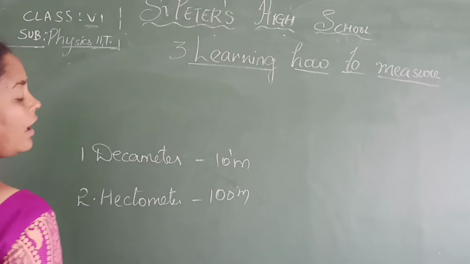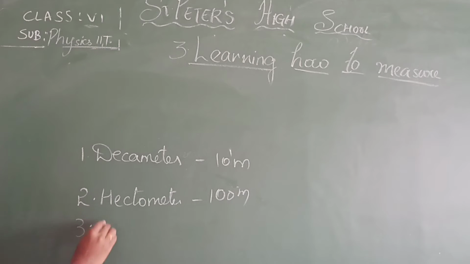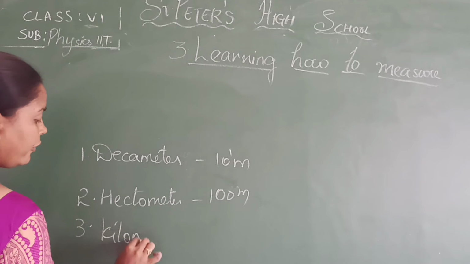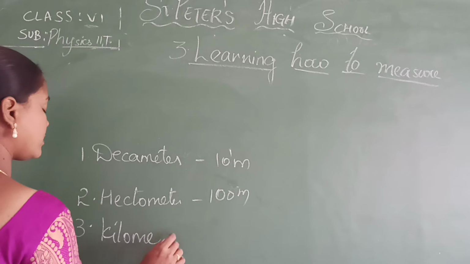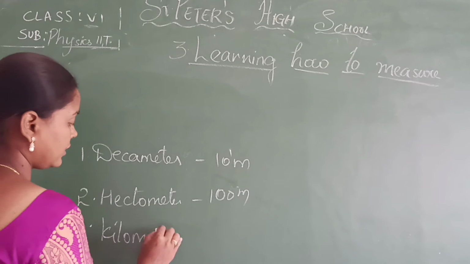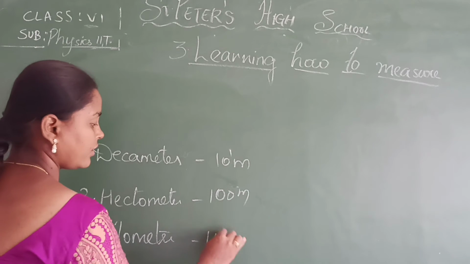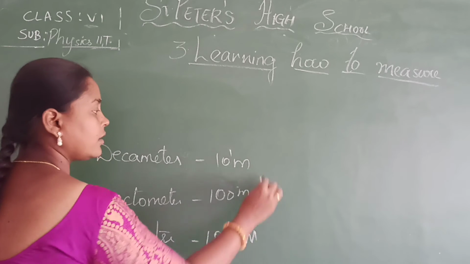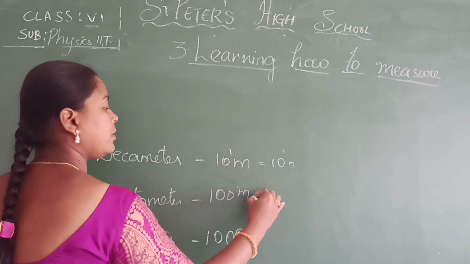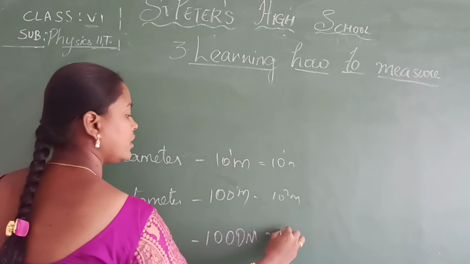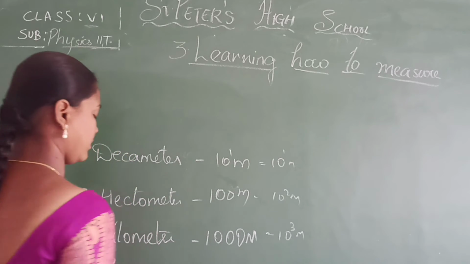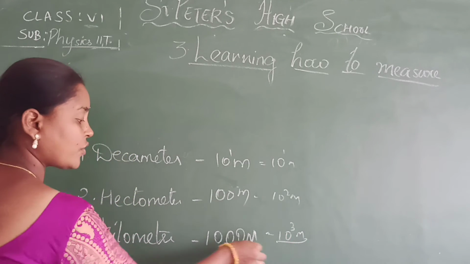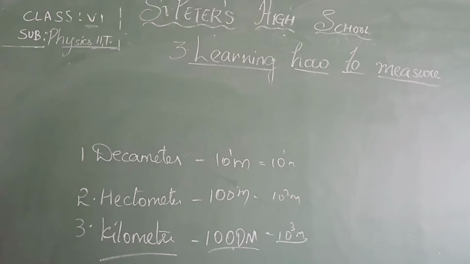And third one is kilometer. We all know 1 kilometer is equal to how many meters? 1000 meters. Yes or not? 10 to the power of 1 meter, 10 to the power of 2 meters, 10 to the power of 3 meters. 10 to the power of 3 meters is equal to 1000 meters, that means 1000 meters is equal to 1 kilometer.